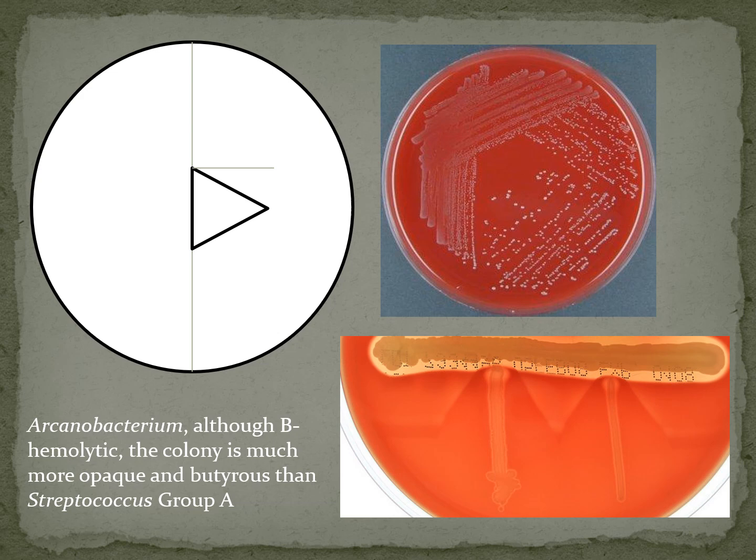Okay, you can see that Arcanobacterium is a little bit more opaque and butyrous than Streptococcus group A, and a throat swab with beta hemolytic colonies that don't serotype as group A should always be gram stained. Remember that Arcanobacterium are weird looking gram positive rods that can be slightly beaded or branching.